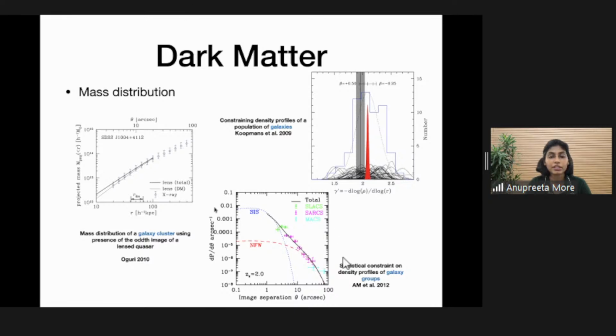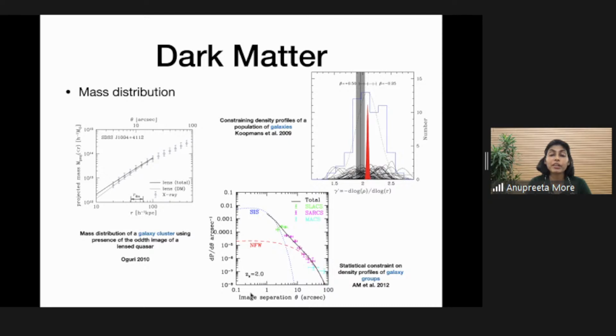Okay, let me continue. So, here in this case, we are showing how the mass distribution looks like, but we are looking at much more massive scales, and we are making use of statistical quantities.